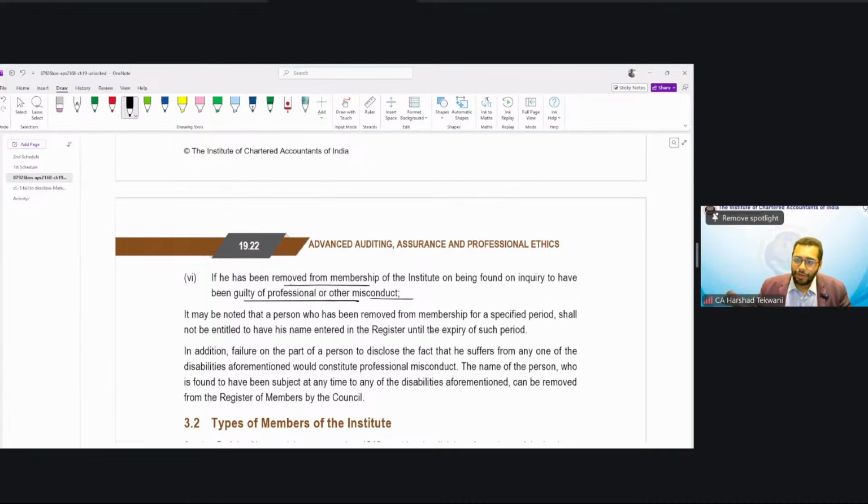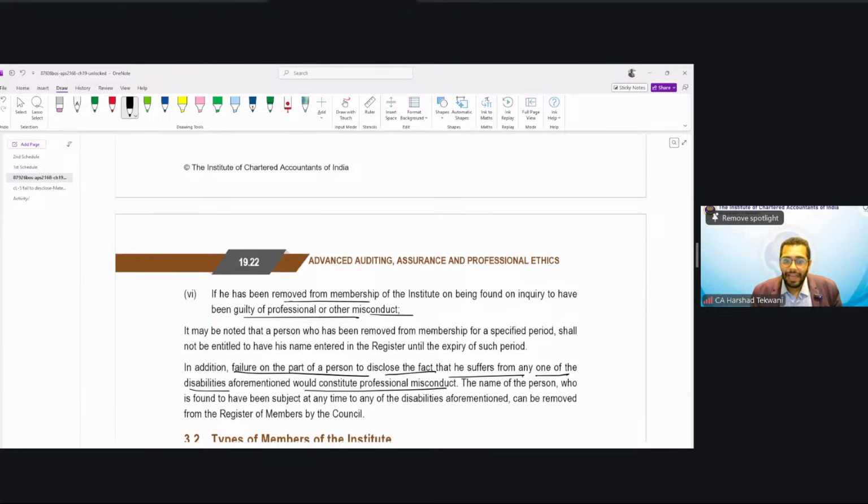And under Section 20, the council is authorized to remove your name from the register. But there is something more under Section 8. Section 8 says that a failure on the part of a person to disclose the fact that he suffers any one of the disabilities mentioned aforesaid in Section 8 is also a professional misconduct.